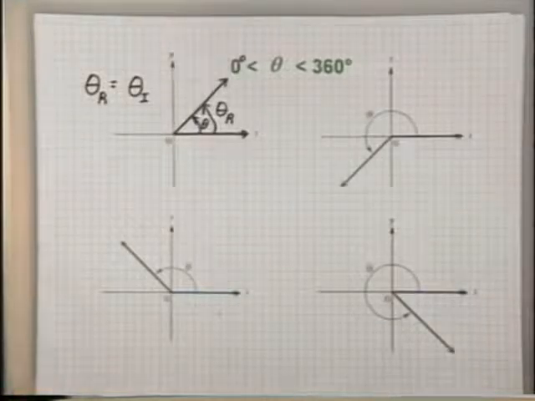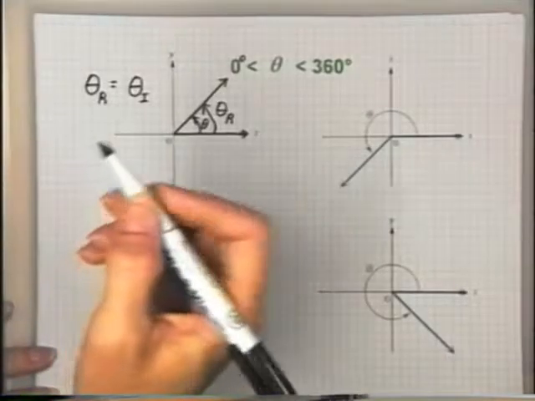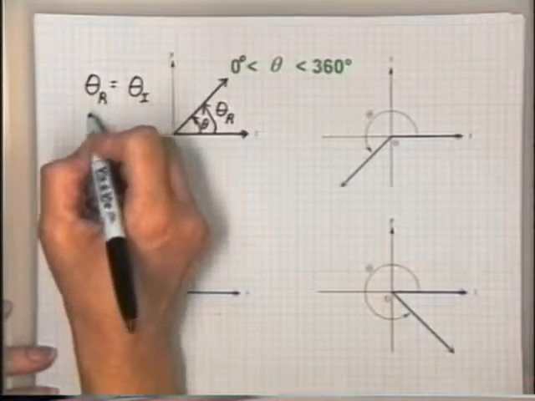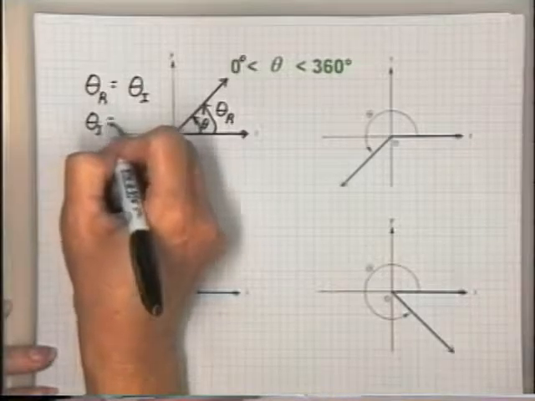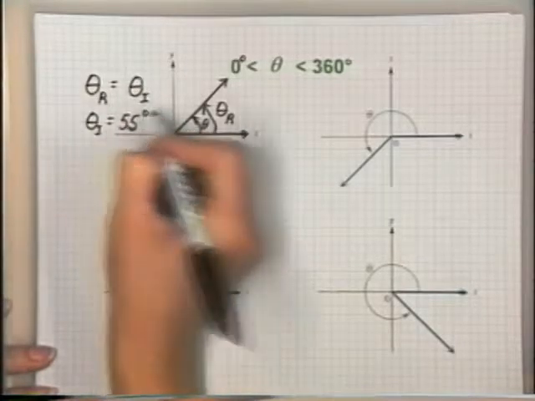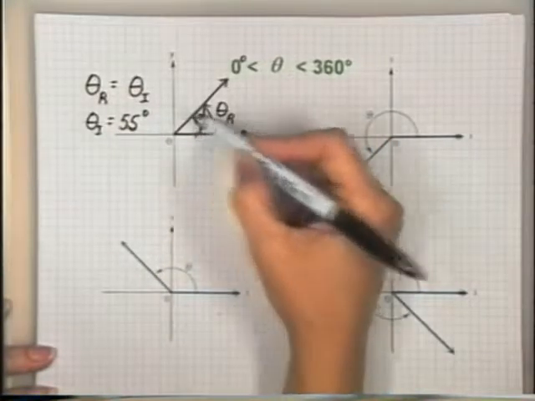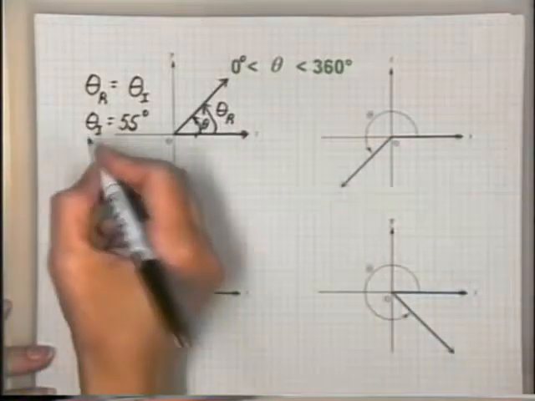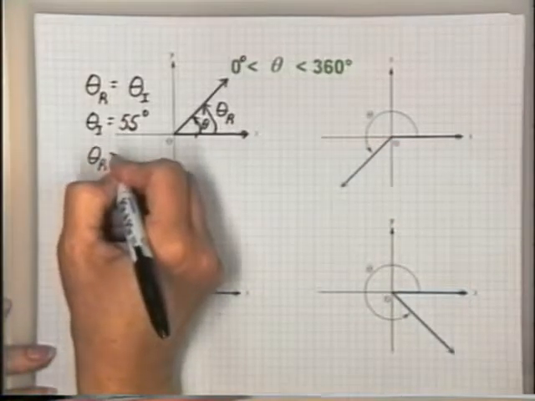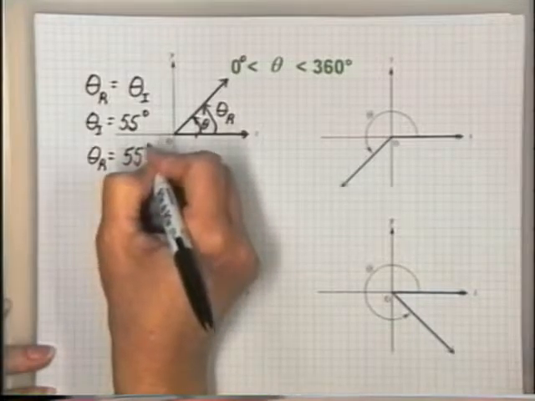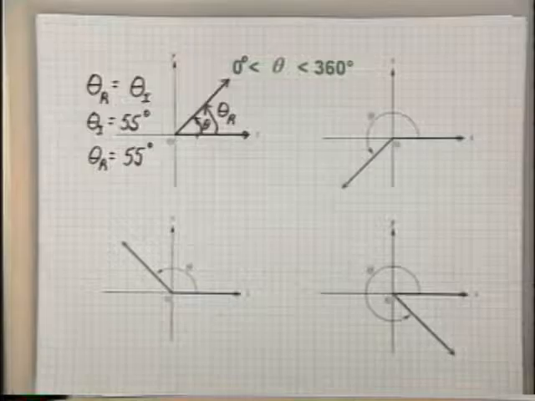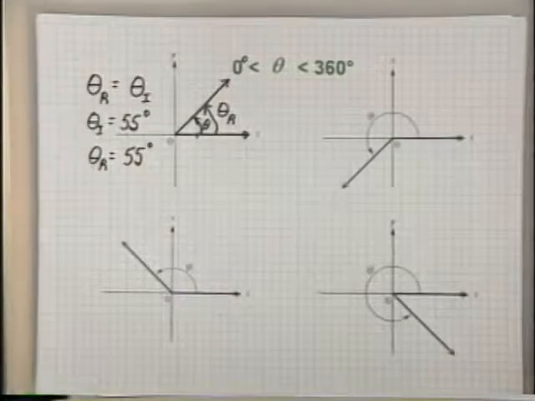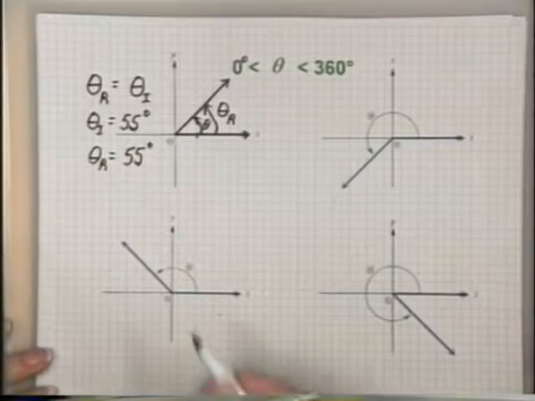As an example, a first quadrant angle that equals 55 degrees, and we'll pretend that this angle equals 55 degrees, well then its reference angle also equals 55 degrees. So obviously that's the easiest quadrant to find a reference angle for. Let's do something more challenging. Let's look at your second quadrant.